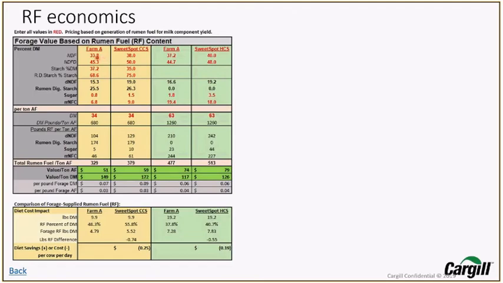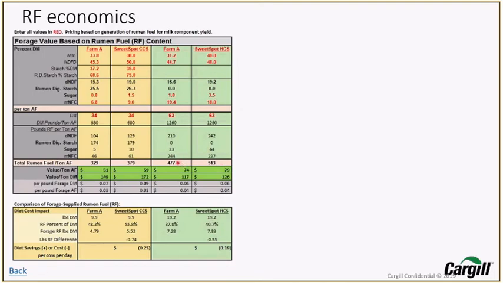So what we have here are the farm that was sent, and then what would be the sweet spot, to hit the sweet spot on corn silage and on haylage. As I compare those and look at what their contributions are, you can see that there's going to be a higher percent of rumen fuel coming from the sweet spot versus coming from the farm itself.